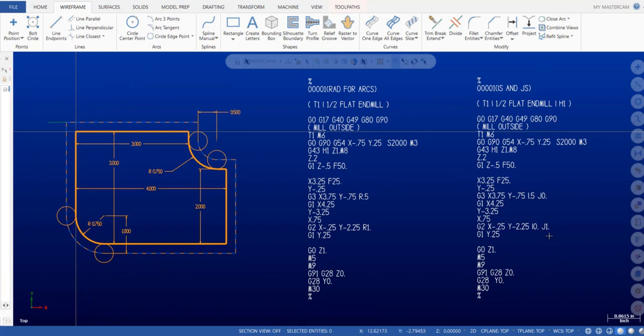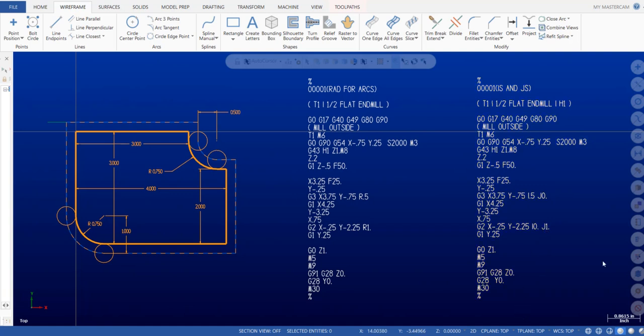Now let's look at the distance in Y. It says J 1 inch. Why? Because the distance from the center line of the tool to the center line of the radius, measured from the center of the tool, is 1 inch in the plus direction. Therefore J is a plus 1 inch.